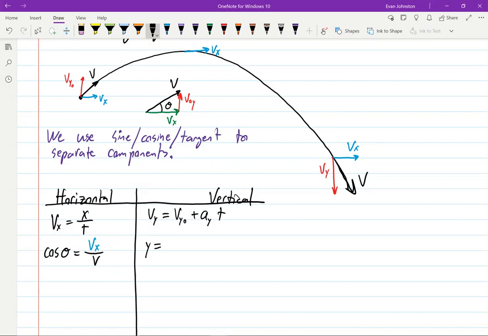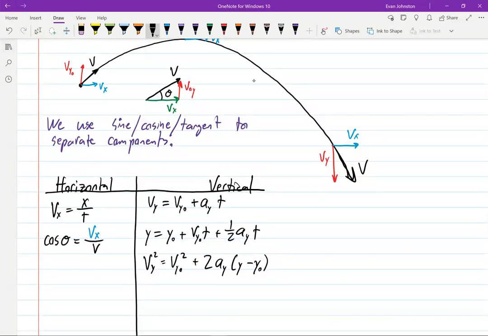I then have that our y distance is wherever it starts in the y, plus the initial y velocity times time, plus 1/2 the y acceleration, which is gravity, times time squared. And then our final velocity squared is equal to our initial velocity squared plus twice the acceleration times the difference between where it starts and where it ends.